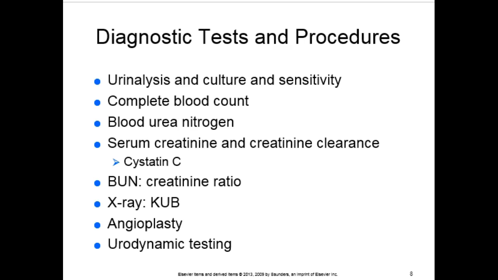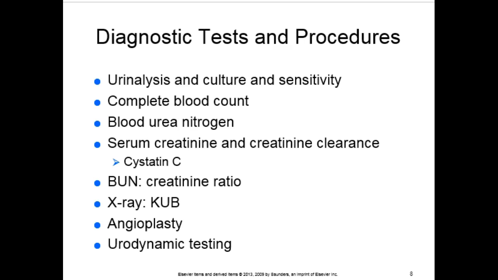If the serum creatinine level is elevated and the urine creatinine level is decreased, that would indicate that there's decreased kidney function, because the kidneys should be filtering that creatinine out of the bloodstream. So if the level in the bloodstream is elevated and the urine creatinine is low, then we know that the kidneys aren't functioning the way they should.